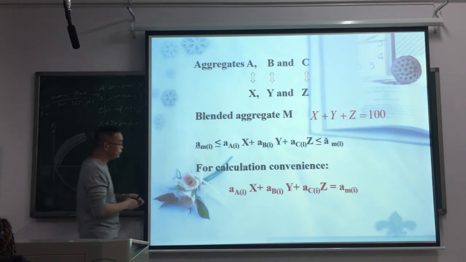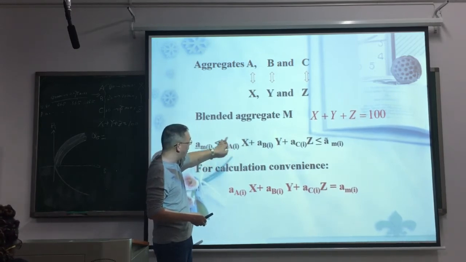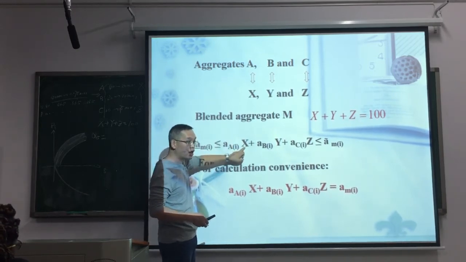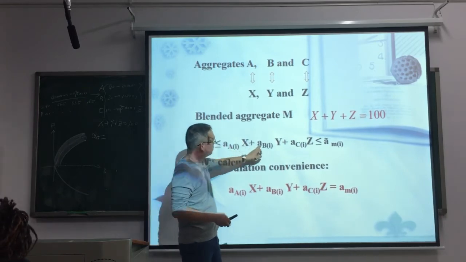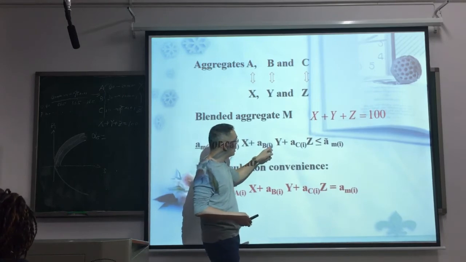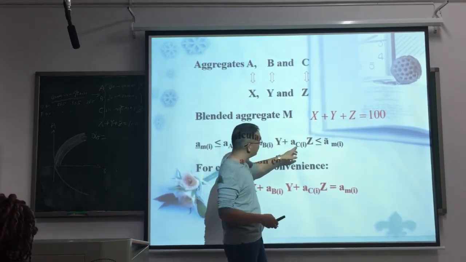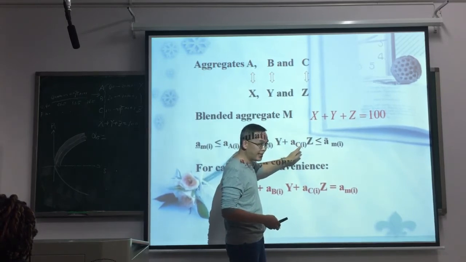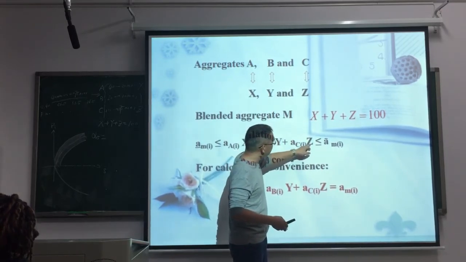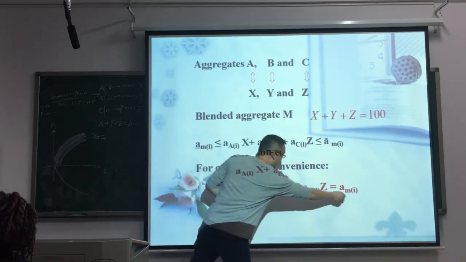But in A, the content of this size in A is this one, and this is the content of A, plus this size in B and the content of B, and this size in C and the content of C. Just like this, we can get this one.